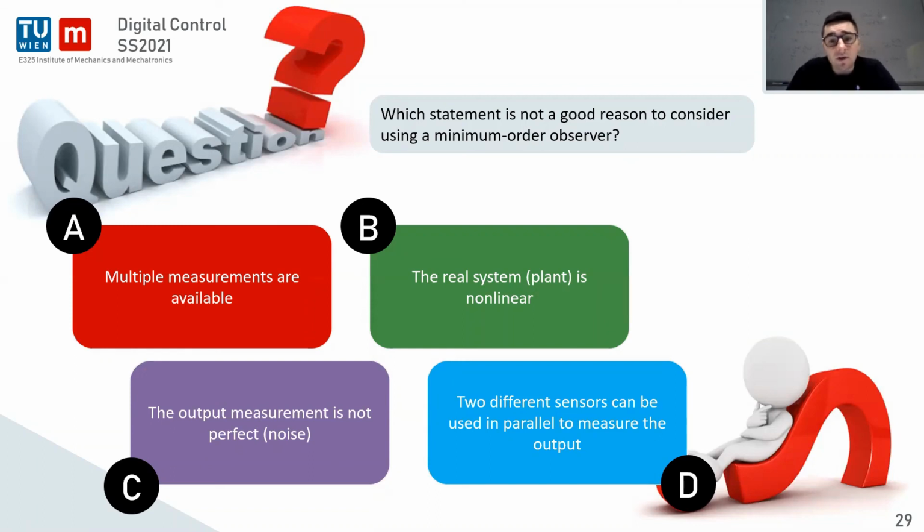If the system is nonlinear, it's usually even more interesting to consider a minimum order observer, because the system is nonlinear and the observer is usually linear. Sometimes, especially during transients, when you are not close to the operating point where you linearize the equations, it's better to have a minimum order observer. And the C answer is mostly wrong, basically.